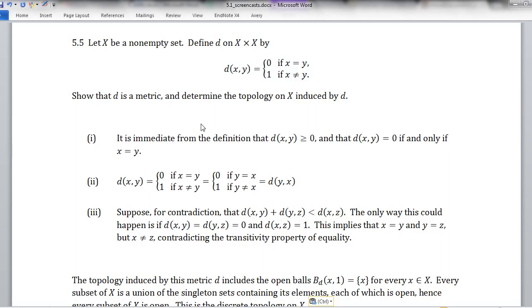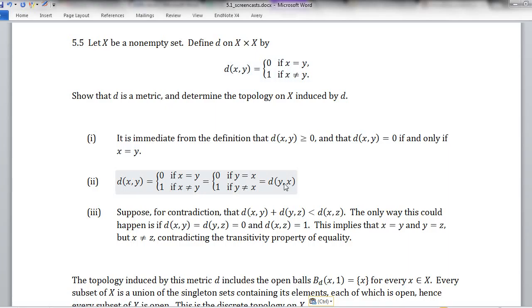Okay, well, remember the first property is that the distance from x to y has to always be greater than or equal to 0, and that's certainly true. And it has to equal 0 if and only if x equals y, and that again is true by definition. So we can move on to part 2. Distance from x to y is this by definition.